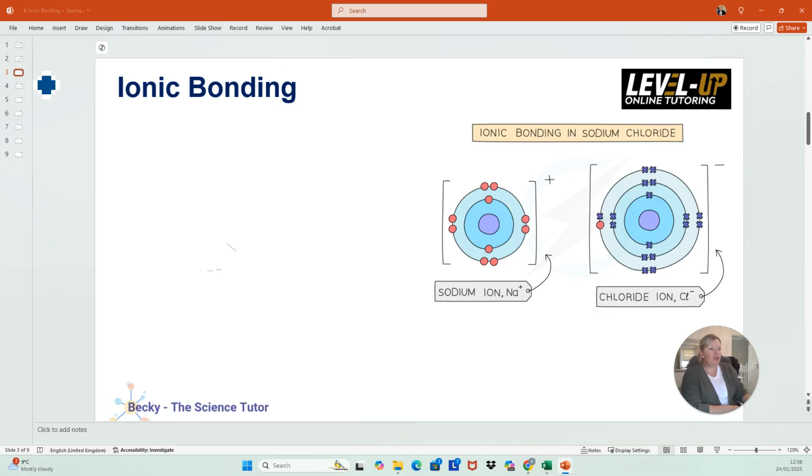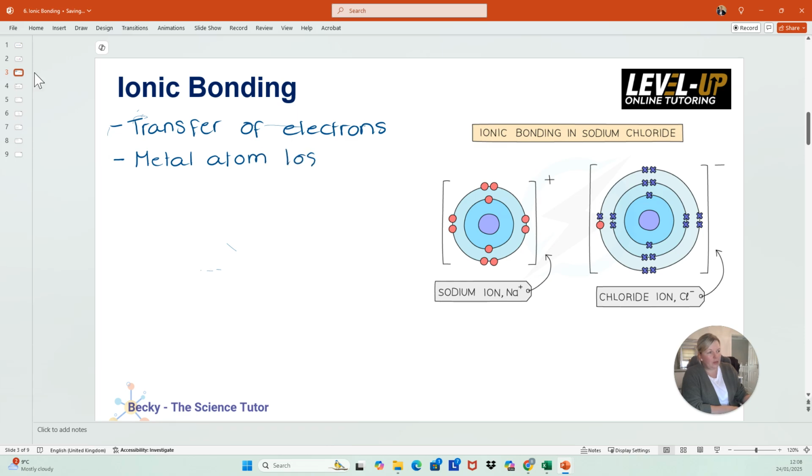Okay, so ionic bonding is a transfer of electrons. So electrons move from one atom to another. And the rule is that the metal atom always loses electrons.